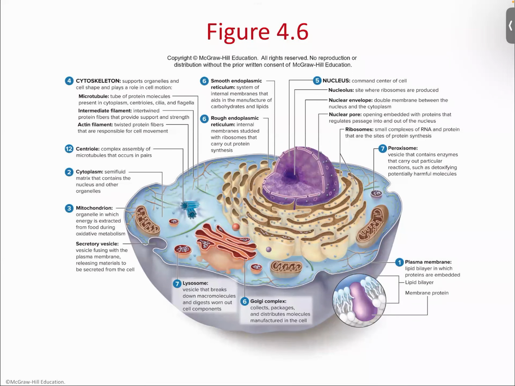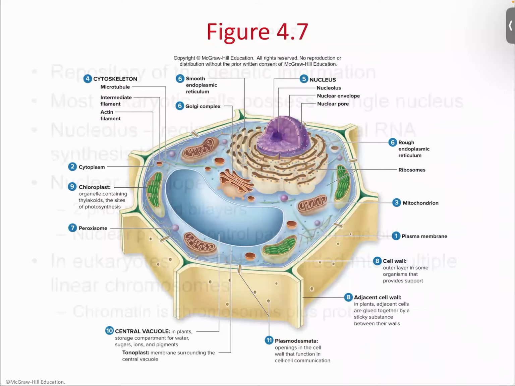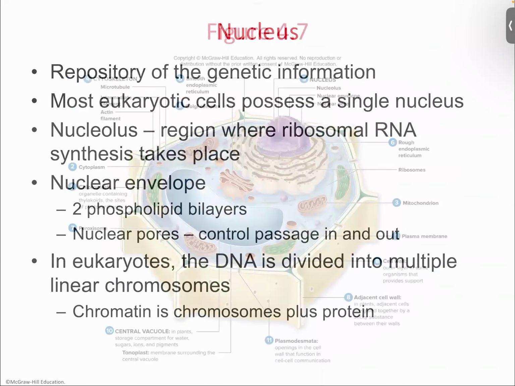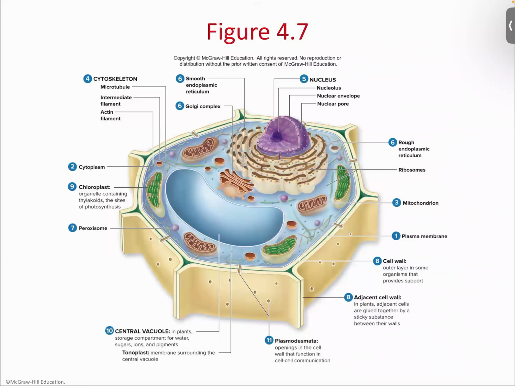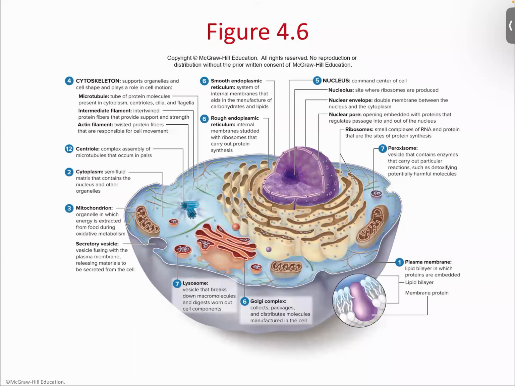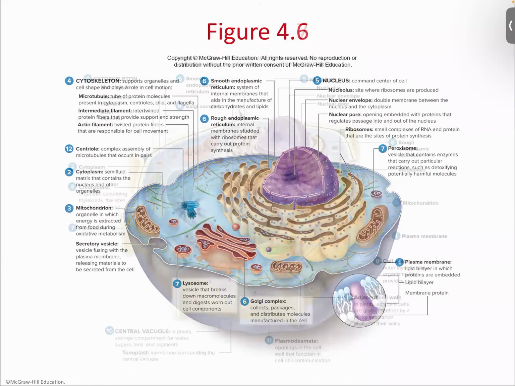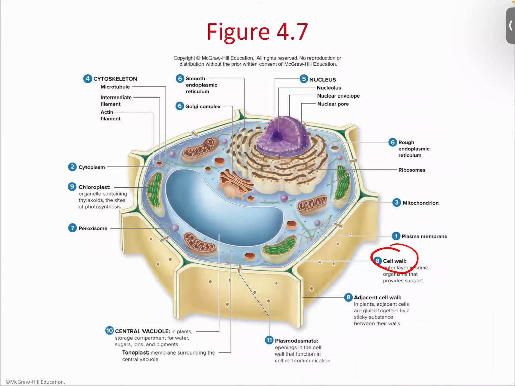Because this is your animal cell. This is your plant cell. How do I know that this is a plant cell, not an animal cell? Cell wall, right? That's what stands out, right? What else is different? Let me just go back here. There's your animal cell. Anything else that stands out?